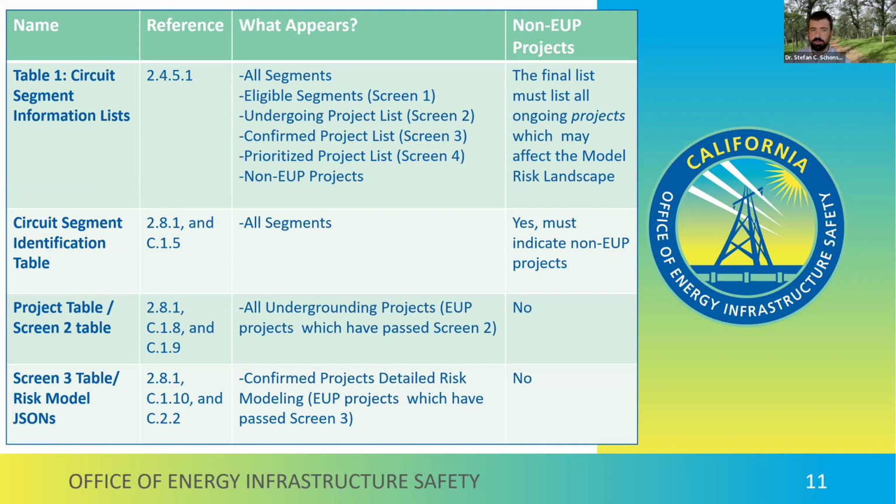The project table or screen 2 table only collect information about projects which have passed through screen 2, so no need for non-EUP projects there. Same thing with screen 3, only looking for things that have already passed through screen 3: the screen 3 table and the risk model JSONs, only for 884 projects. So again, happy to take any clarifying questions, but I think this table says a lot.